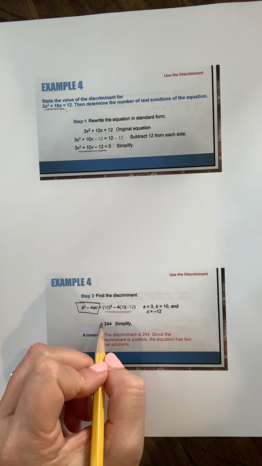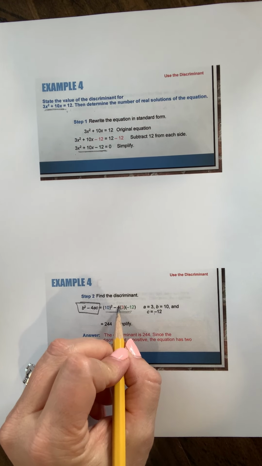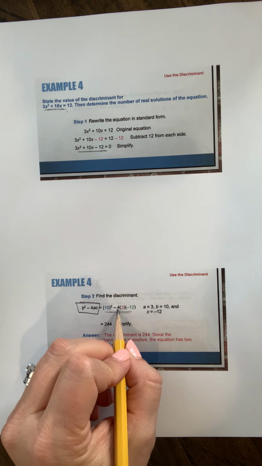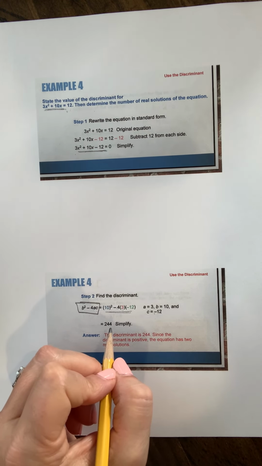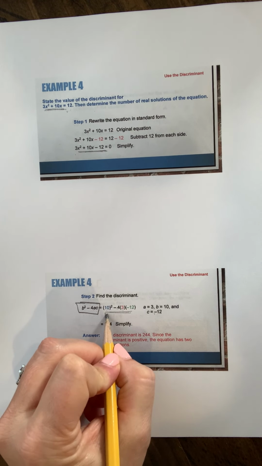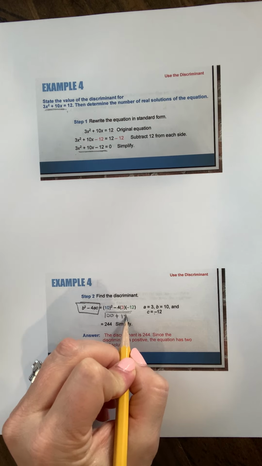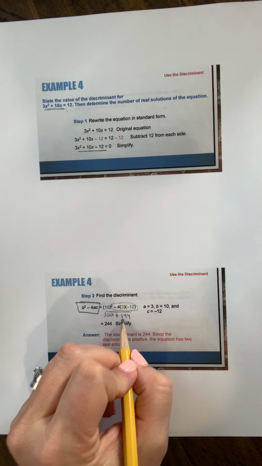Work 10 squared. And then you have to multiply negative 4 times 3, which is negative 12. Negative 12 times a negative 12 is a positive 144. So you basically have 100 plus 144, because by multiplying all these together, it gave me a positive.